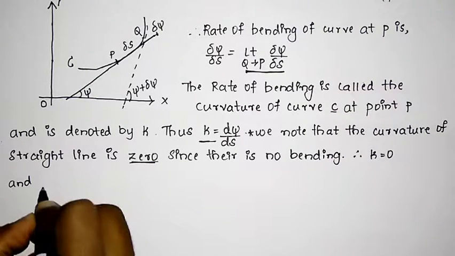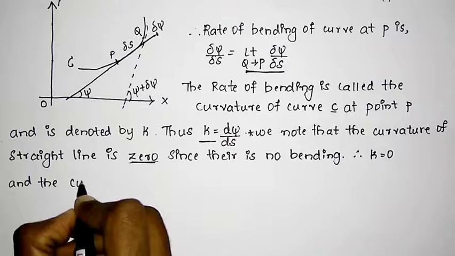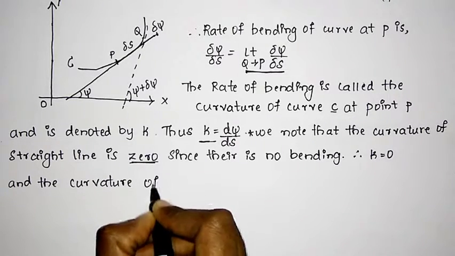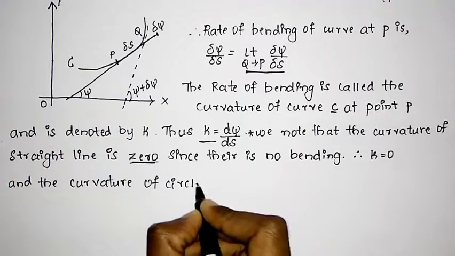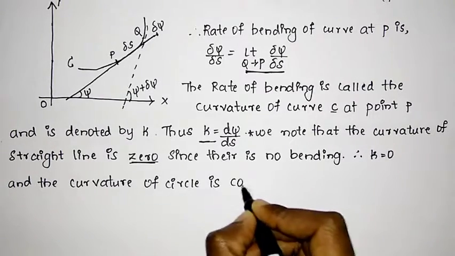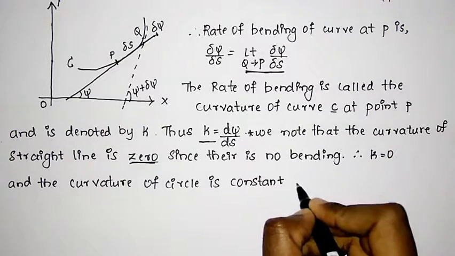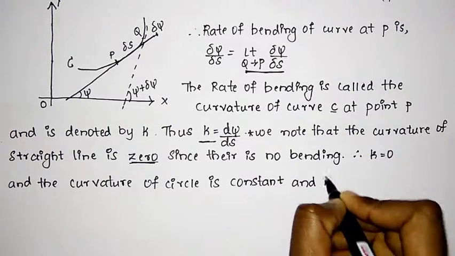And the curvature of a circle is constant and it is not equal to 0.